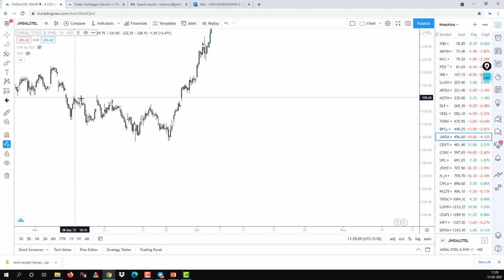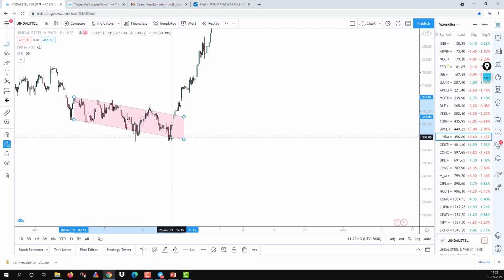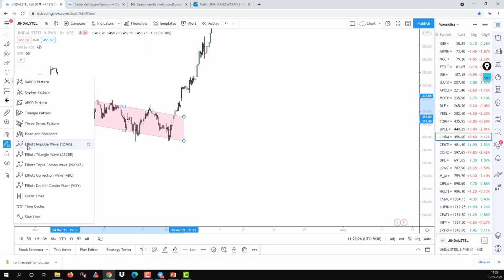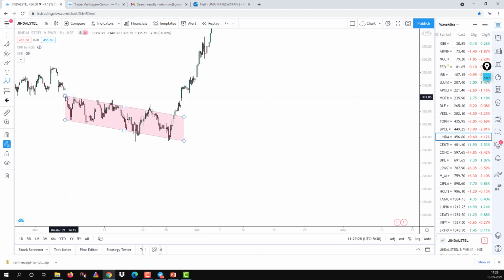See, the channel we have drawn, and we will mark the points. One, 2, 3, 4. This is the fifth point.